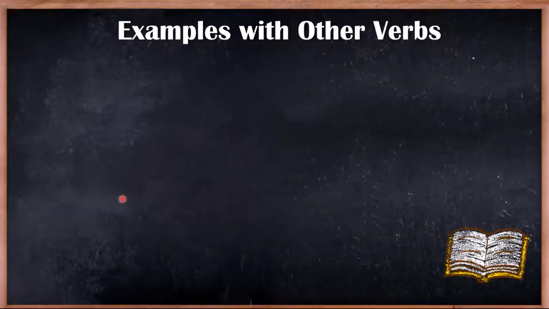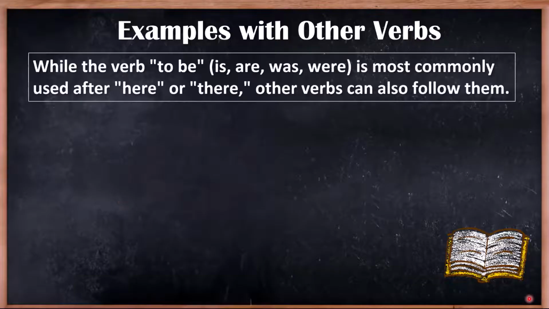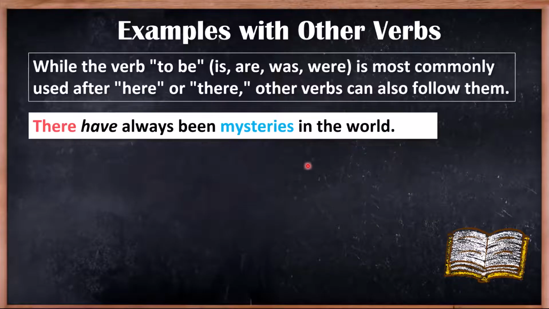So far, we have only seen the verb to be after here or there. So while the verb to be, is, are, was, were, is most commonly used after here or there, other verbs can also follow these two words. For example, there have always been mysteries in the world.